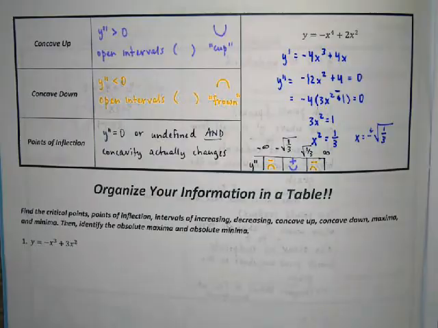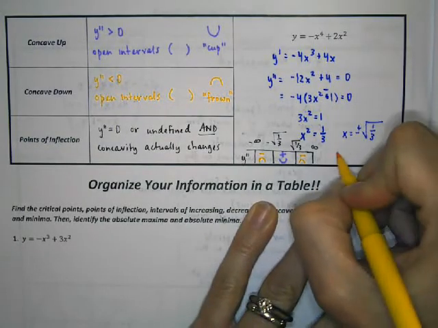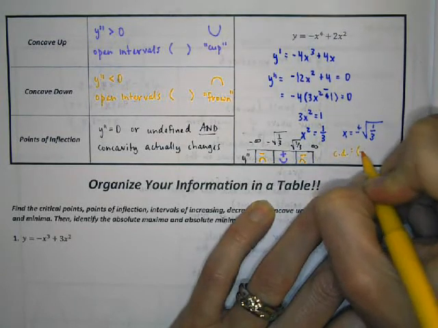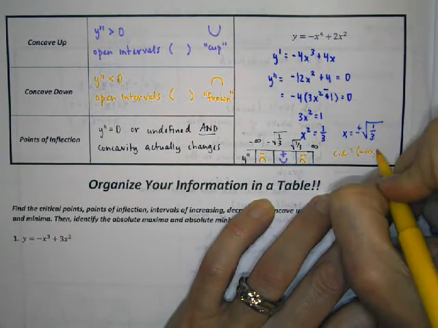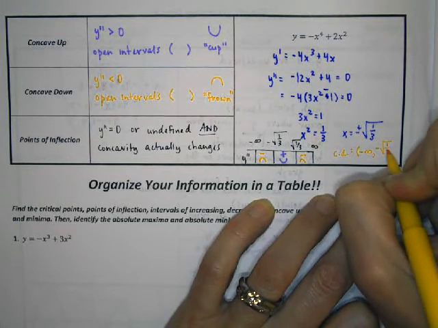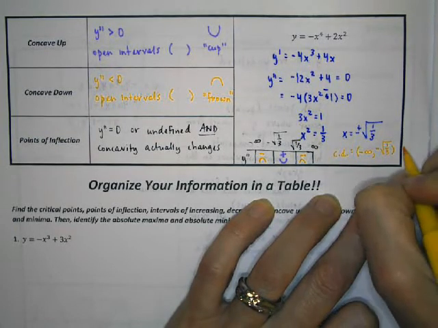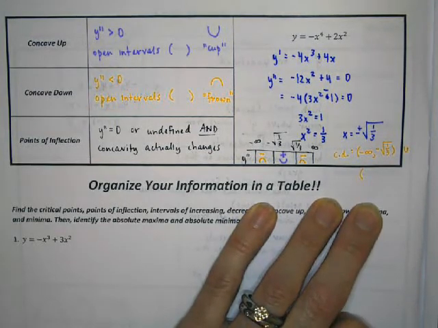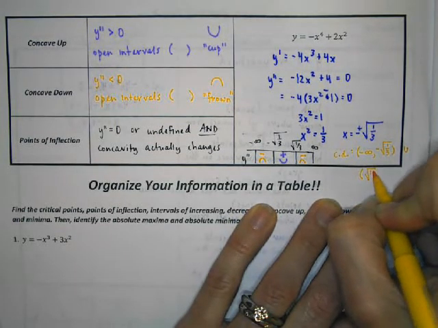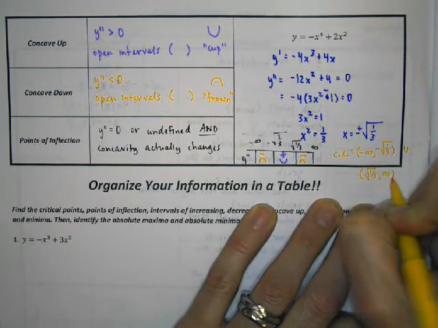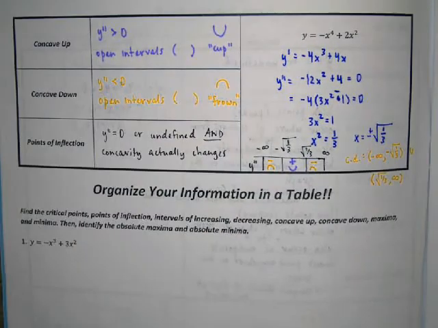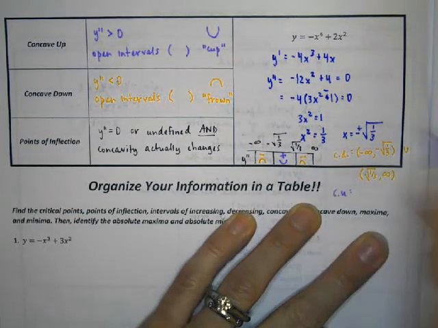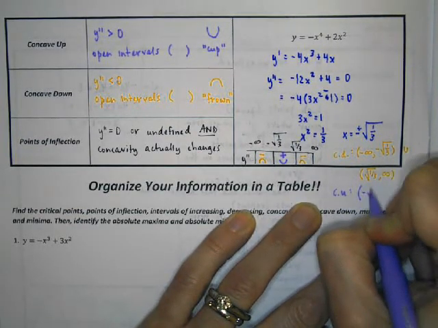So just to summarize this portion, I'm going to be concave down from negative infinity to negative square root of 1/3, and also from square root of 1/3 to infinity, and we'll be concave up in between those values.